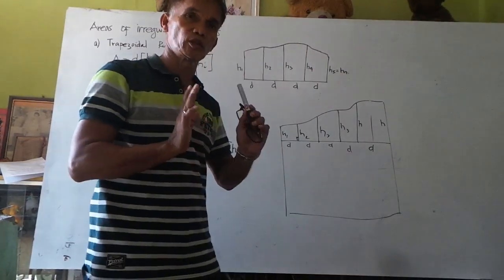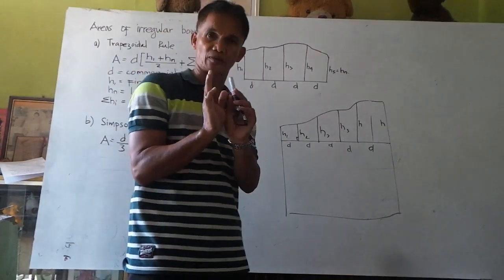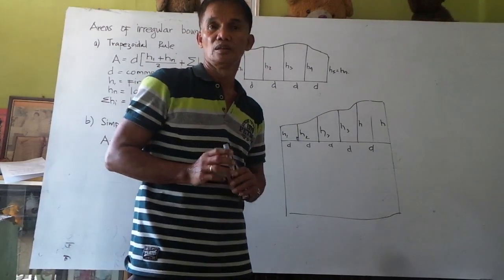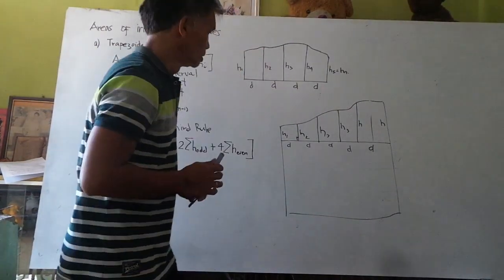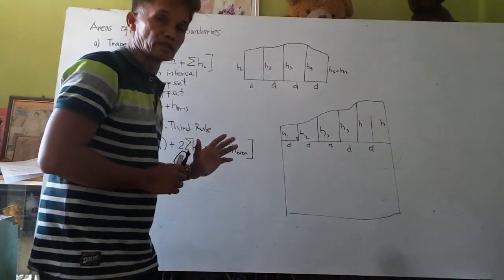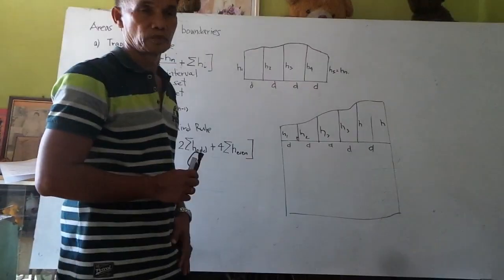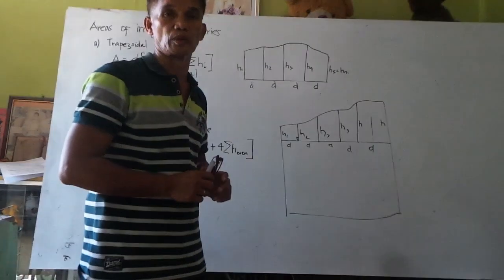So the more offsets that you have, the closer the interval, and the more accurate the area you solve. There are two ways to solve the area with irregular boundaries.